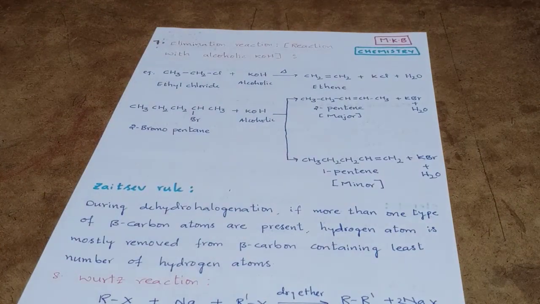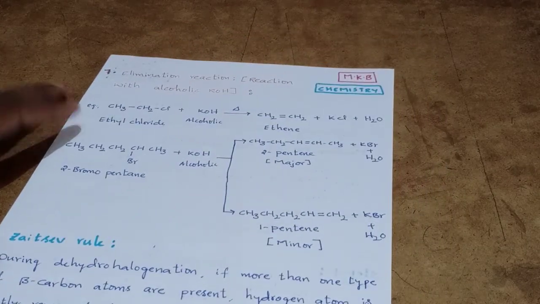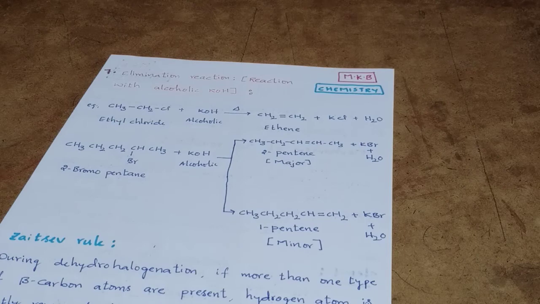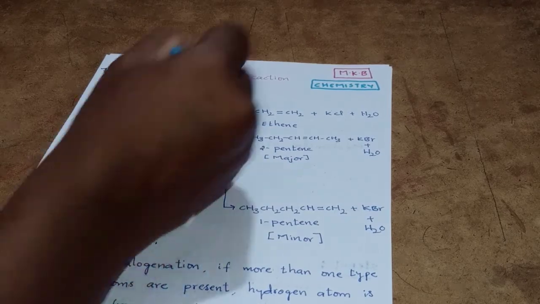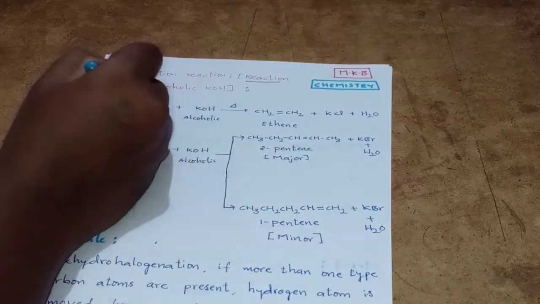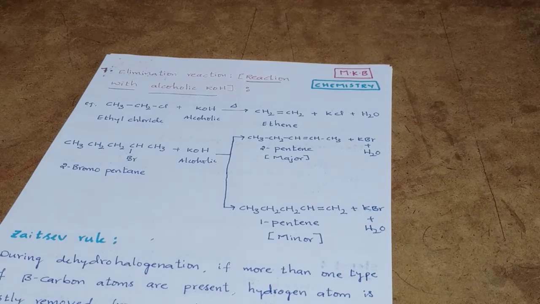Then the last type of reaction is elimination reaction. I have already said elimination is nothing but we have to eliminate a molecule from alkyl halide. This happens when alkyl halide is reacted with alcoholic base.